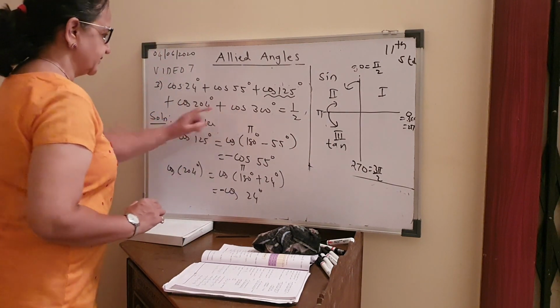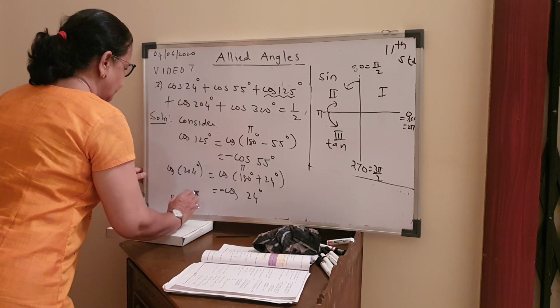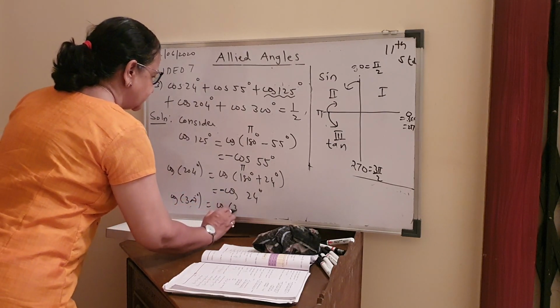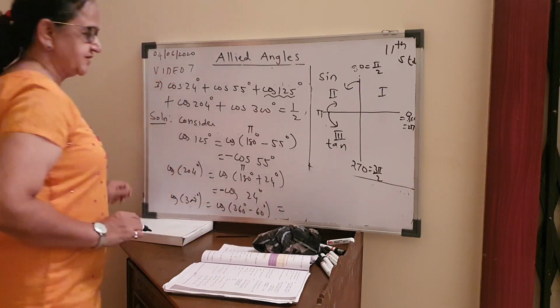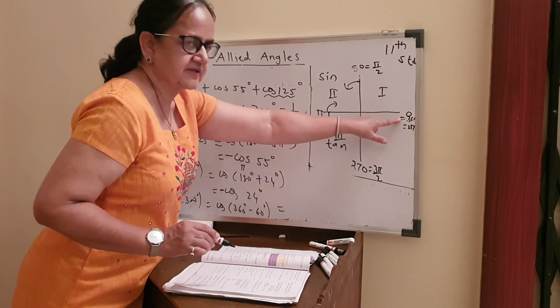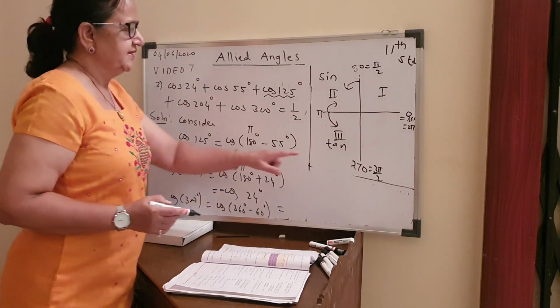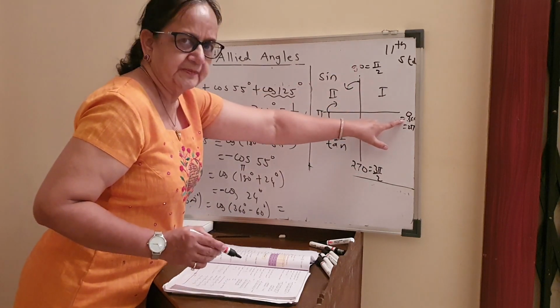And the last number, cos 300 degrees. That's easy for you to deal with. You can write it 360 minus 60. For 300 either 270 or 360, but for some reason I try to avoid 270. I can use 360.